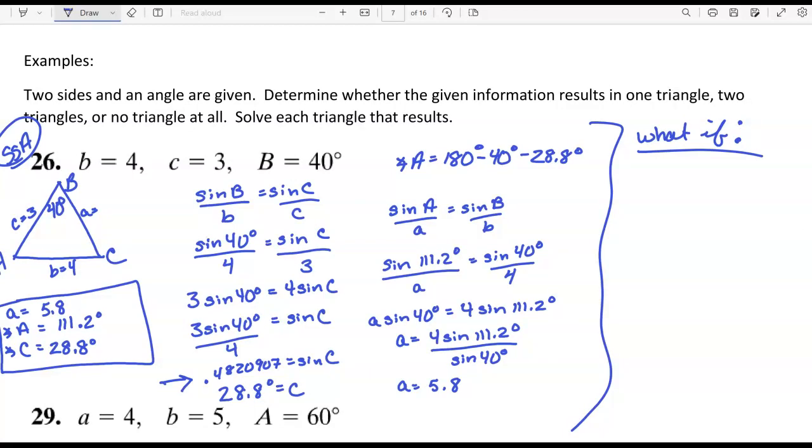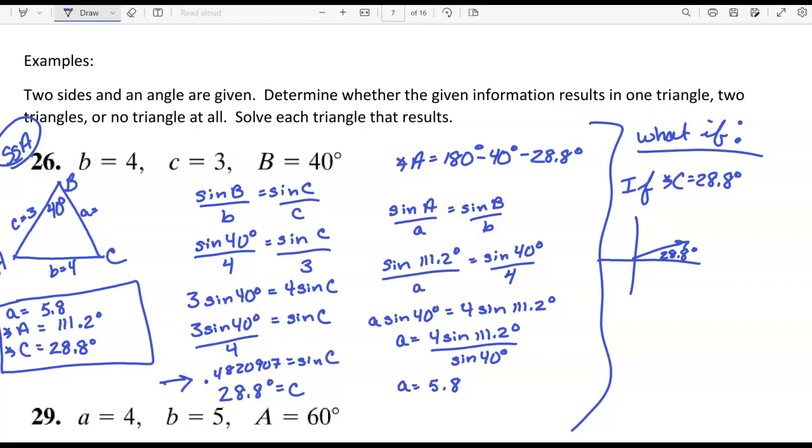So let's do a what-if, and we've got to say, is this possible? Okay, so what if when we took the inverse sine and we got 28.8, we're thinking about 28.8 here, right? But we've got to think about what would happen in that second quadrant.